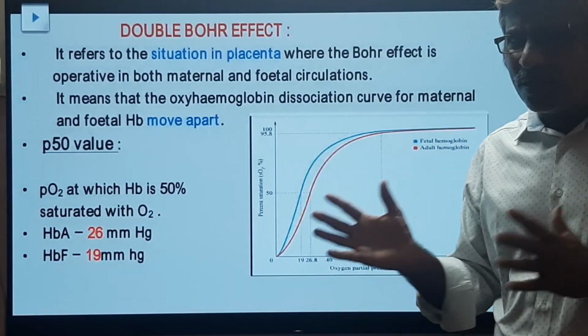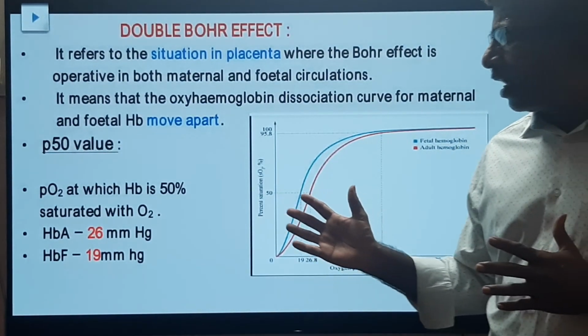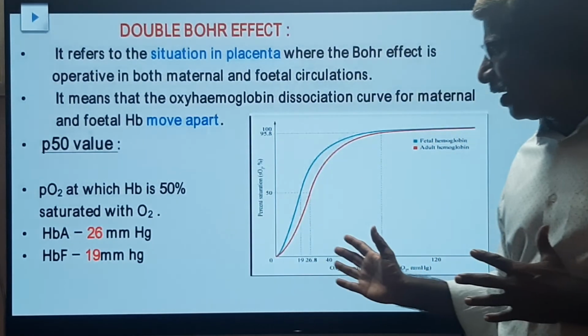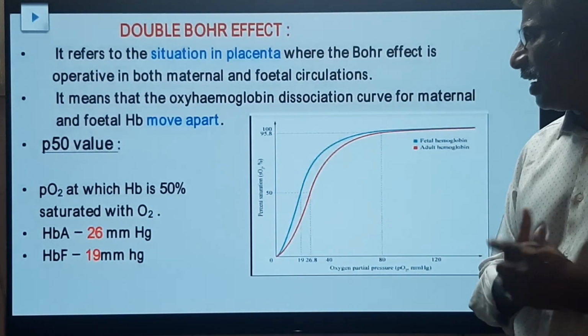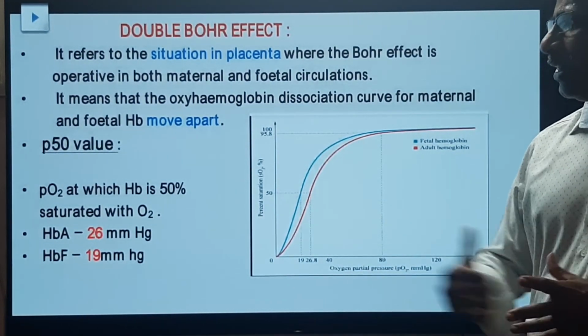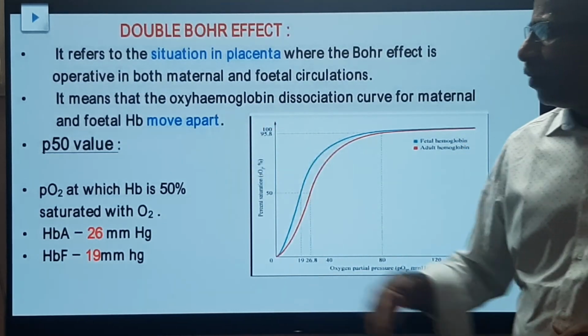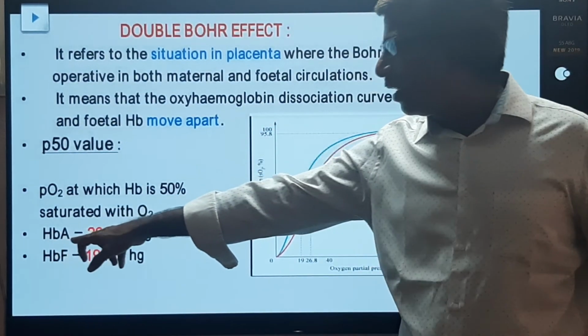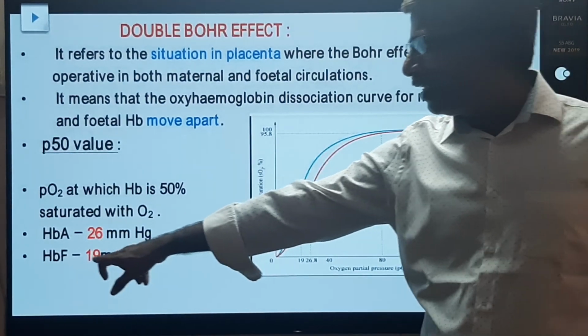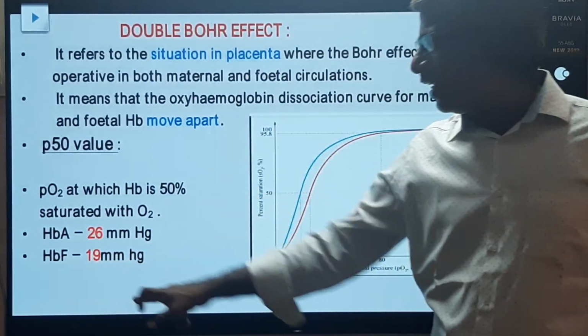So the pressure at which hemoglobin is 50% saturated is different in the fetus and in adults. That is called the P50 value. P50 value in adult hemoglobin is 26 mmHg, in fetal hemoglobin 19 mmHg.